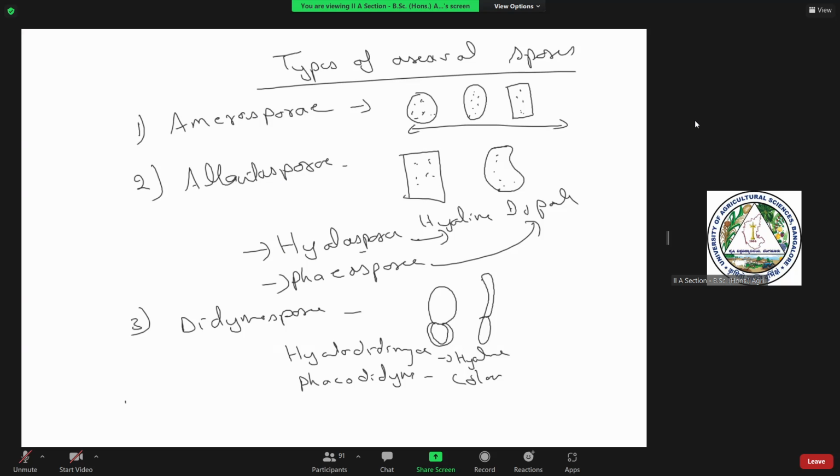The fourth type is the phragmospore, where the conidia are basically oblong, having transverse septations.